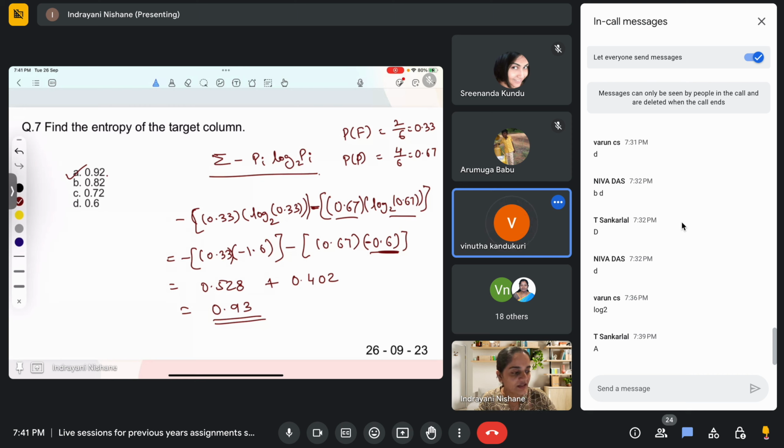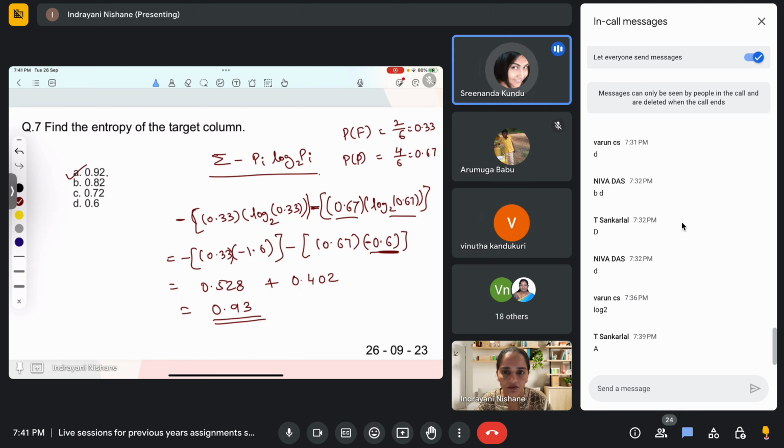But this negative sign is inside the summation, so when there is a negative sign inside and you add negative values, it is like subtraction. There's a minus sign before every term, like p log p, the term which we are calculating. So even though we are adding... I did not get your question, can you elaborate?